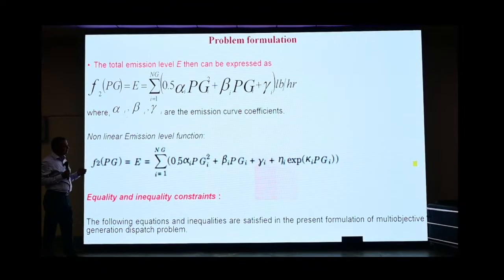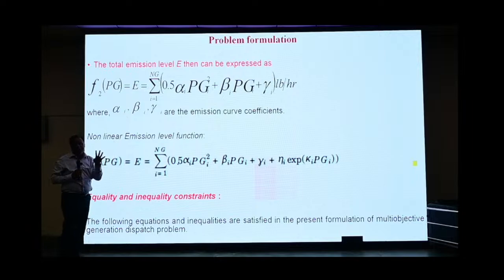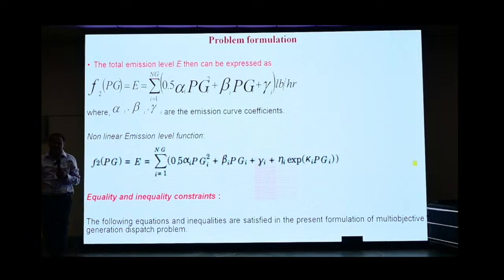Next. Second objective function. Again, same 3 decision variables. Again, same problem. Alpha, beta, gamma. These are the constants for what? Emission power supplied by the manufacturer. And the manufacturer like Bharat Heavy Electricals Limited, when you purchase a generator from them, they will provide it.